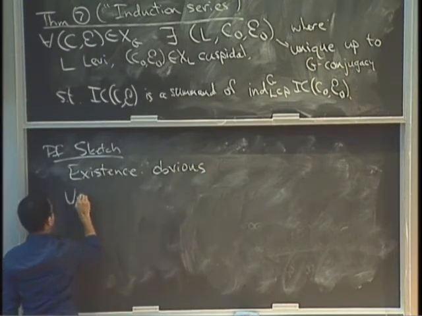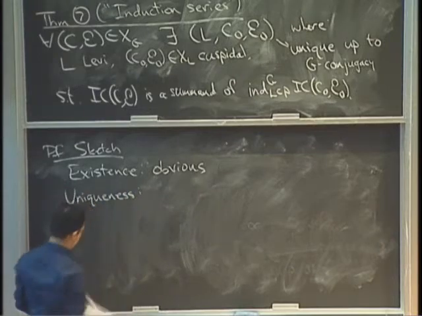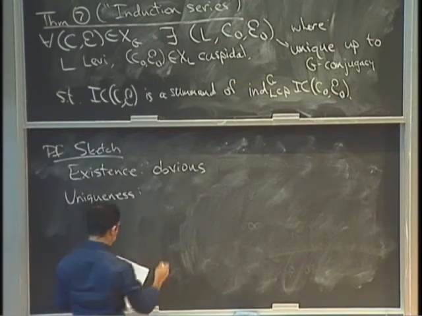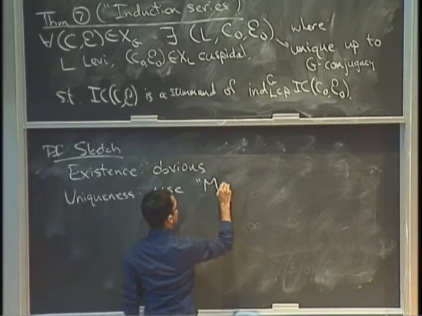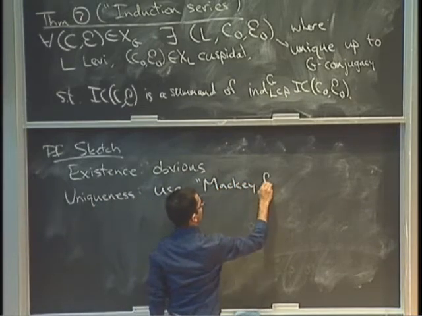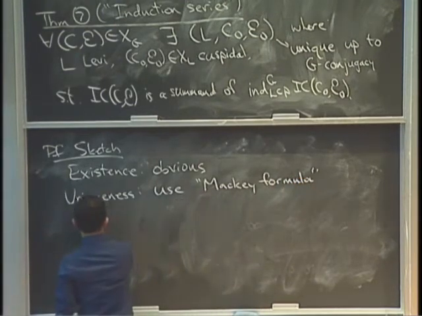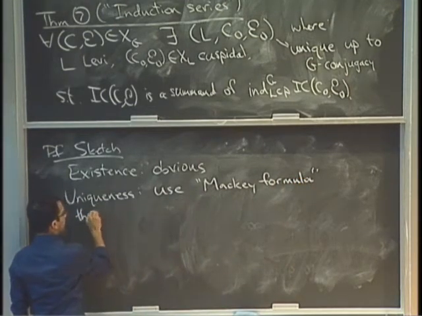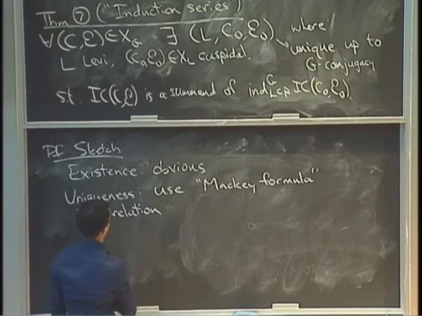And the uniqueness, probably the shortest way to say this is that you use a kind of Mackey formula, which relates restriction and induction from different Levis.